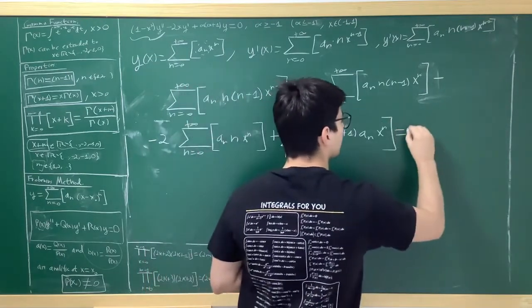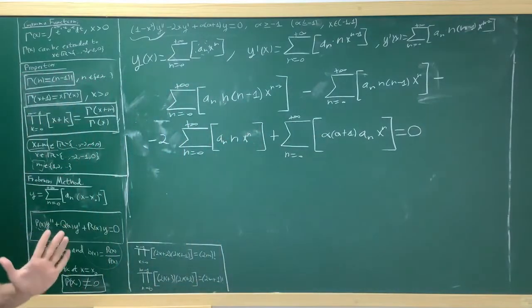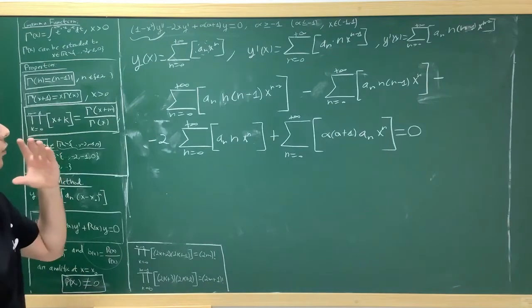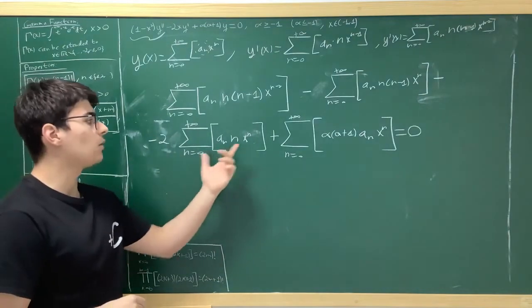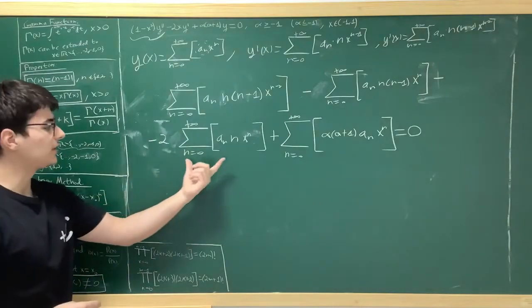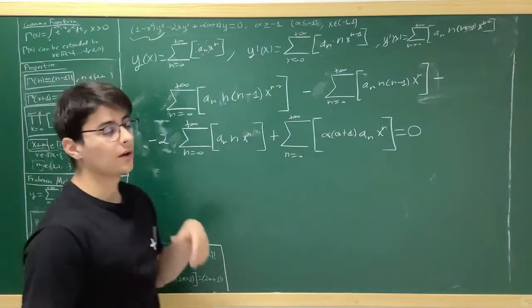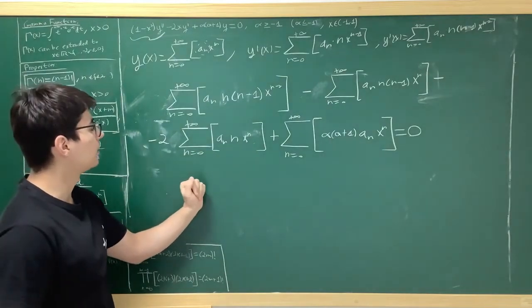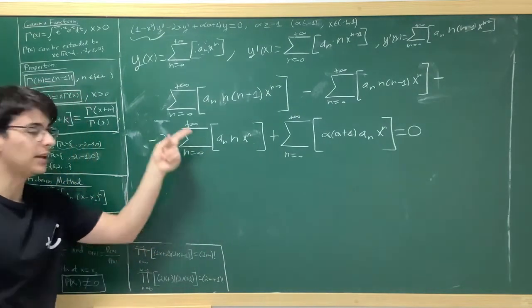And that's it. Now, we are assuming that all of these series converge. What this means is that we can add all of these series. But for now, we are going to add just this series and this series. Why? Well, because they have the same limits, right?